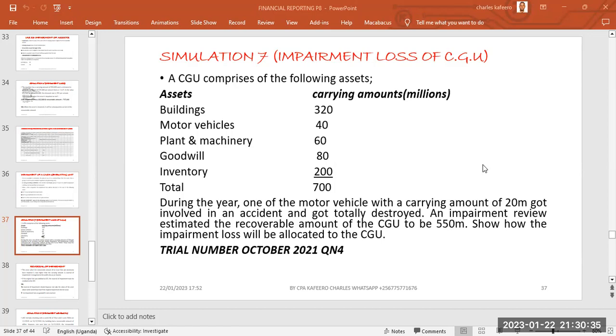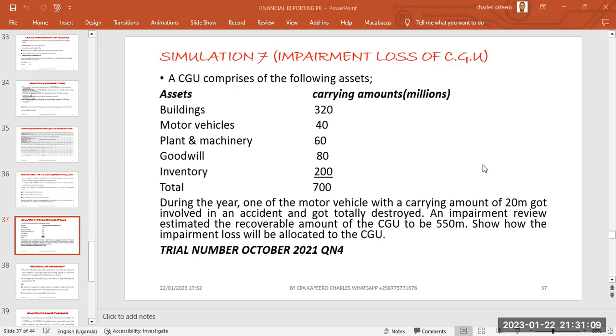What you have to understand is that when you are computing impairment of a cash generating unit, we have to compare the total carrying amount of the assets within the cash generating unit. If let's say these assets, we had maybe furniture, we had maybe computers and all that, plus the buildings, we add them up and we try to look at their total, and we compare their carrying amount.